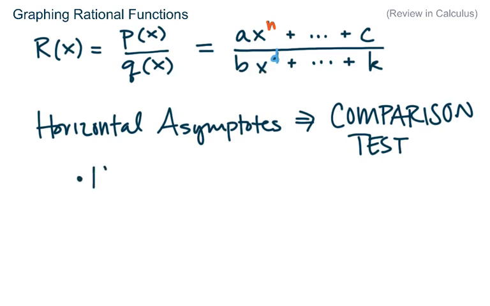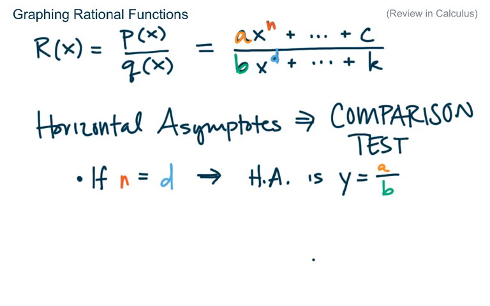And what we say is if n is equal to d, then the horizontal asymptote is y equals a over b. So a being the leading coefficient in the numerator and b being that leading coefficient in the denominator. So this a and b value here, these two guys, are coming from that. And that occurs if the degree of the numerator is equal to the degree of the denominator.